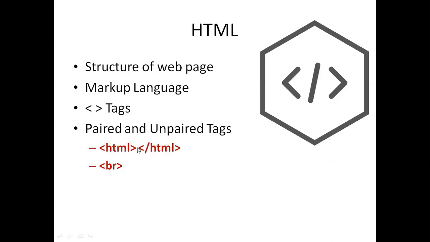Then you write the content, and then you close the tag with a forward slash within the markup. So this is an opening and closing tag. Whereas an unpaired tag does not have an opening or closing tag, there is only one tag. This is a break tag which is used to give a line break. So for that we use BR.